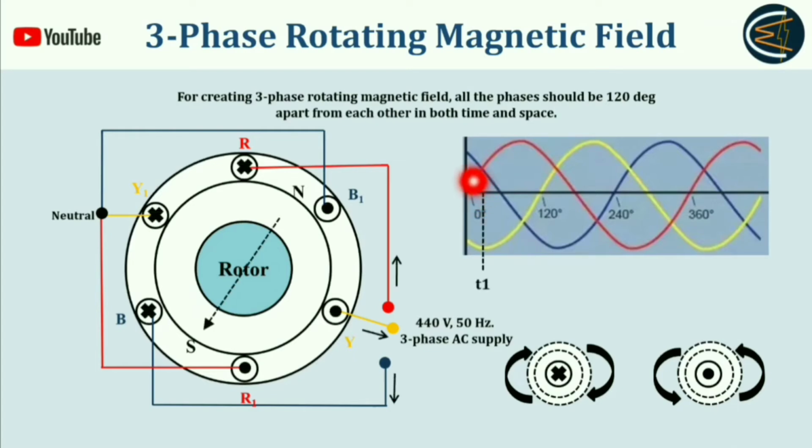Now let's see how the magnetic field rotates. The red phase and blue phase have positive values and the yellow phase has a negative value. Let's assume that positive means the current is going towards the machine. So from the red phase and the blue phase, the current is going towards the machine, and as the yellow phase has a negative value, from the yellow phase current is coming out of the machine.